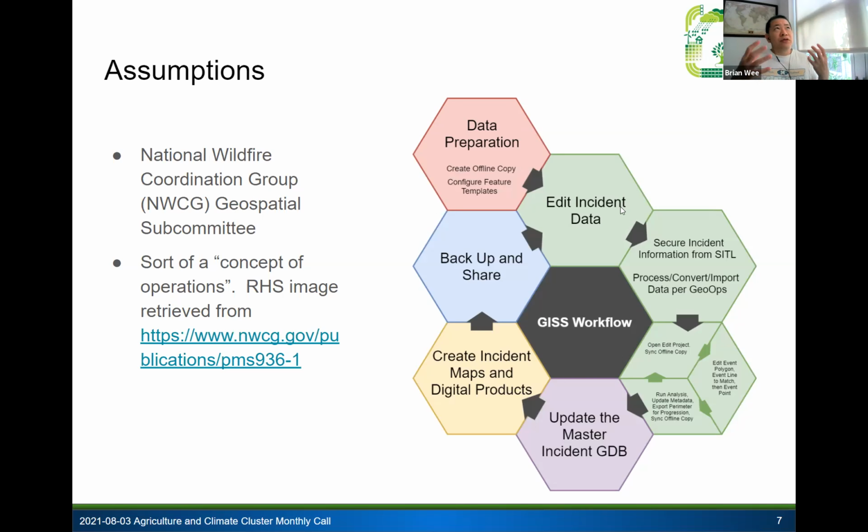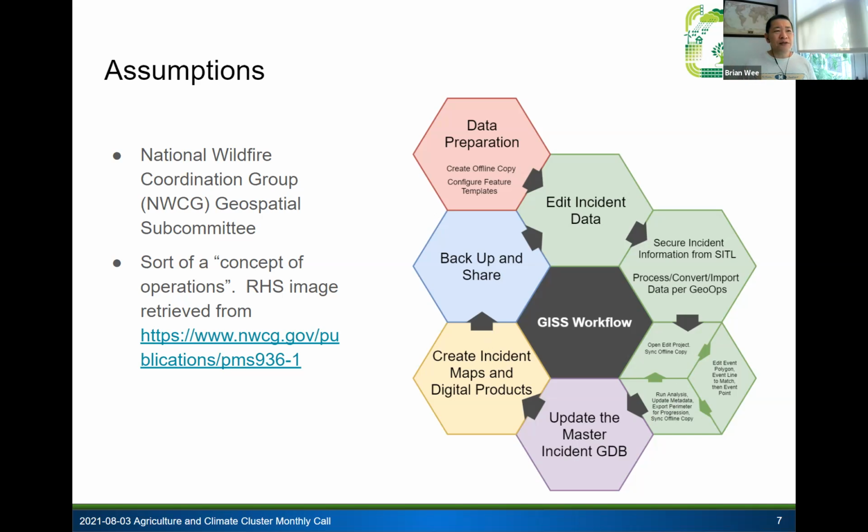Conceptually it makes sense, but I just wanted to paste this diagram here to indicate that as far as the NWCG is concerned, there is a place in the workflow, for those who can see my screen, to download offline data and actually edit and create offline data, but ultimately at some point to synchronize it back to the master copy held somewhere.